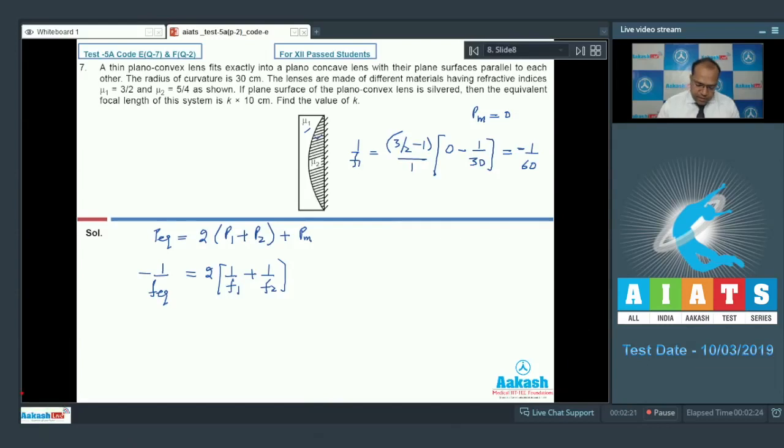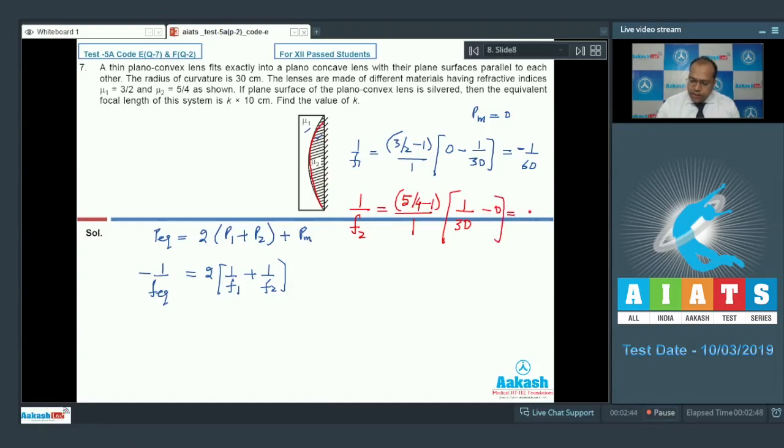Similarly, if I calculate the value of F2, then 1 upon F2 can be written as 5 by 4 minus 1, divided by 1, times the radius of curvature of this part, which is 1 by R, so 1 by 30, minus that of this surface, which is 0.